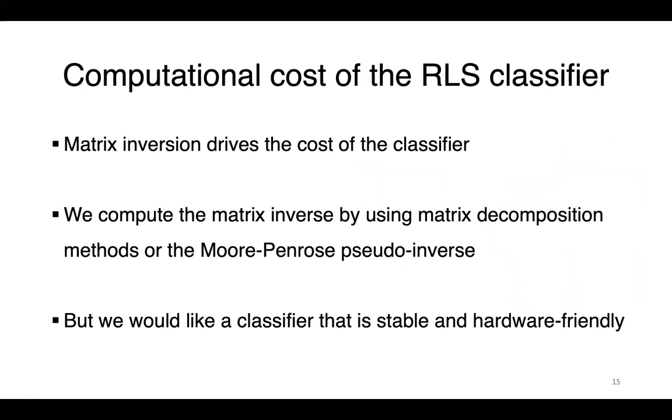So now, instead of classification accuracy, we take a look at the computational cost of the RLS classifier. We saw that the classifier performs a number of matrix operations, including a matrix inversion that drives the cost of the classifier. In the closed form version of the least squares equation, it was just H transpose H plus lambda I, inverse. This matrix inversion typically places a high computational burden on hardware implementations and may cause numerical instabilities.